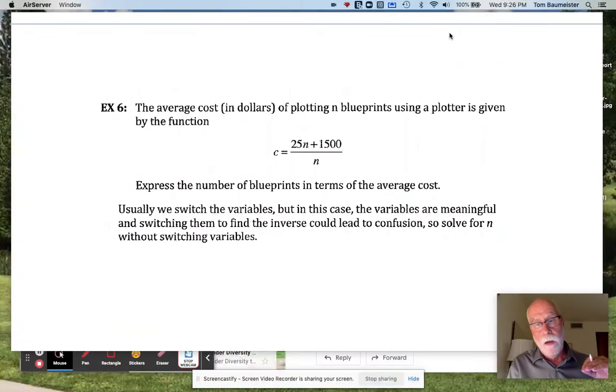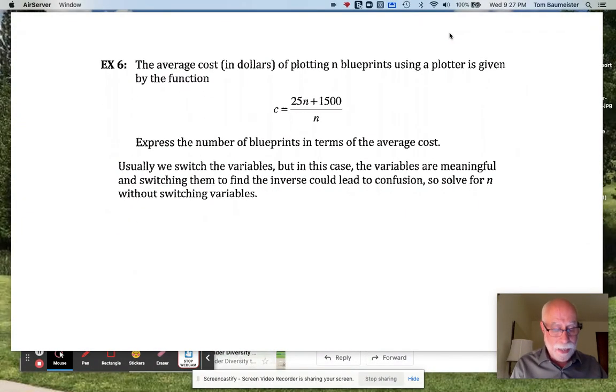All right, so now on the last one there, we don't switch the x and the y. Usually we do switch the variables, but in this case, the variables are meaningful and switching them to find the inverse could lead to confusion. So solve for n without switching the variables. I'm going to show you how easy that still is to do.